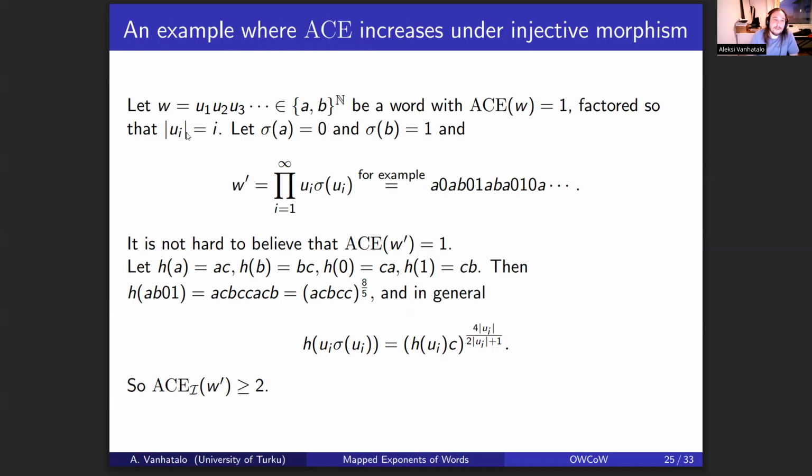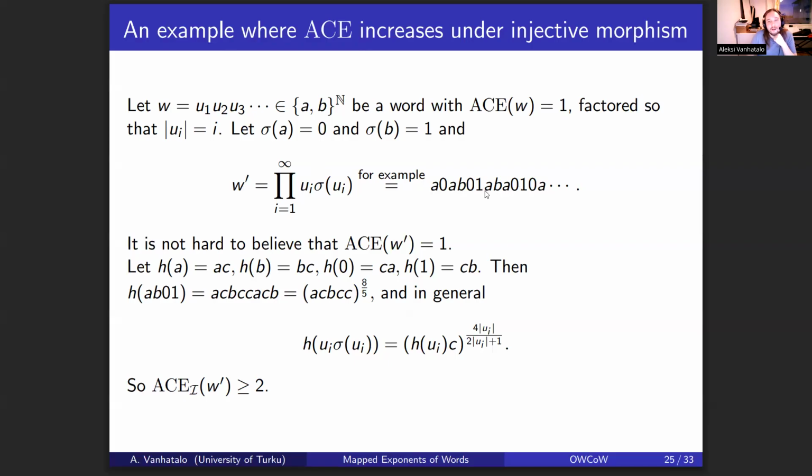Then we factor it so that we have larger and larger factors, and we also take a copy of it under a different alphabet, where A is 0 and B is 1. And we concatenate these factors so that we have these hidden squares in our word.